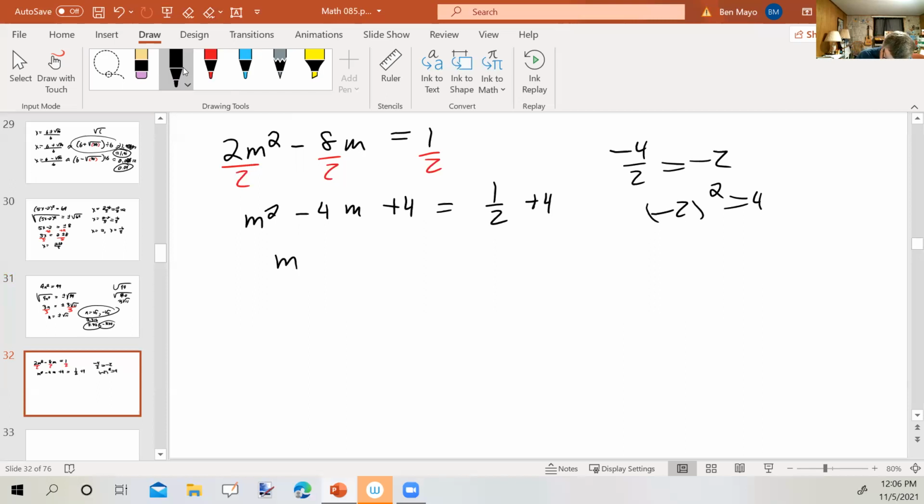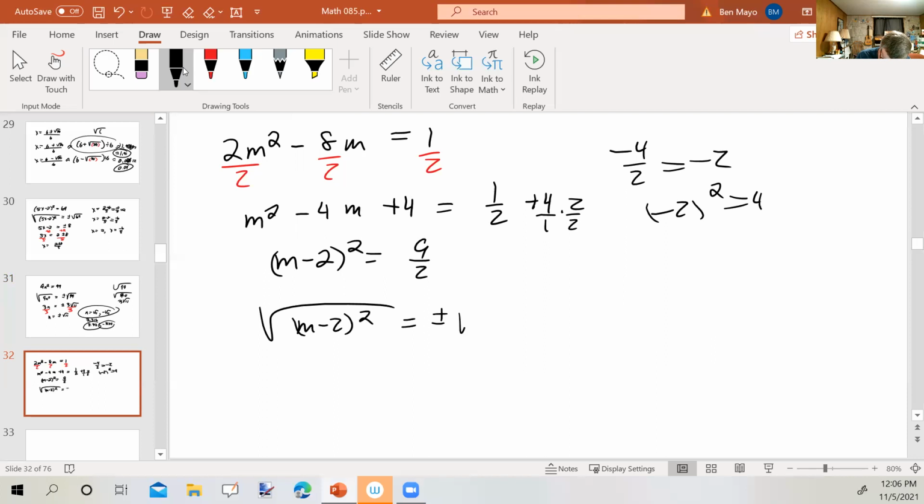On the left side, I've got m minus 2 the quantity squared. On the right side, I've got what? 9 halves. 4.5, 9 halves, okay? Take the square root of both sides. I get m minus 2 equals plus or minus 3 over the square root of 2, okay?